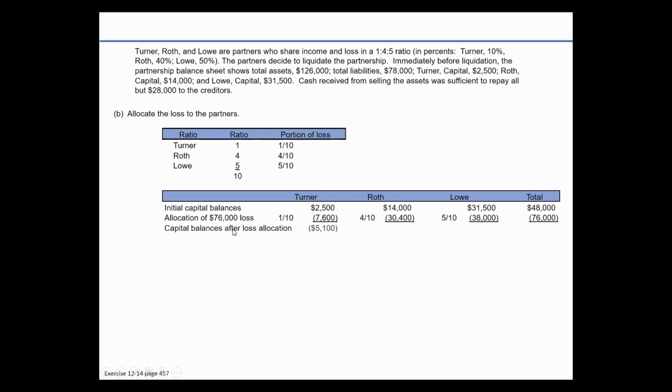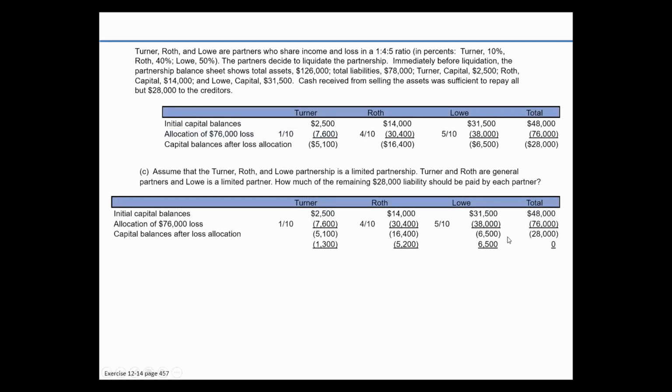And so the capital balances before would be negative 5,100 for Turner, negative 16,400 for Roth, and negative 6,500 for Lowe, because they were able to use some of their capital in order to take care of it.